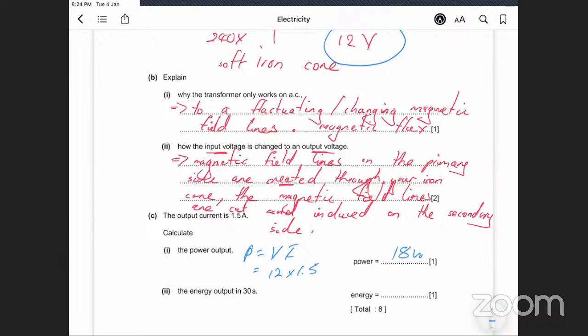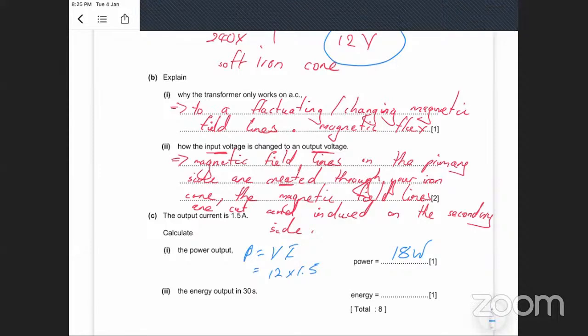18 watts, correct. Right, so part two now, it's asking you the energy output in 30 seconds. How do I calculate energy being consumed? Power multiplied by the time.